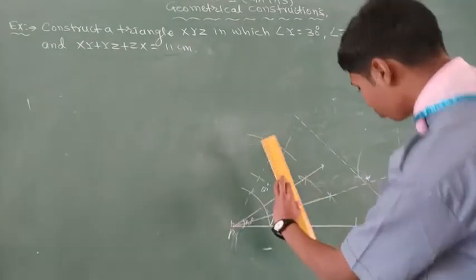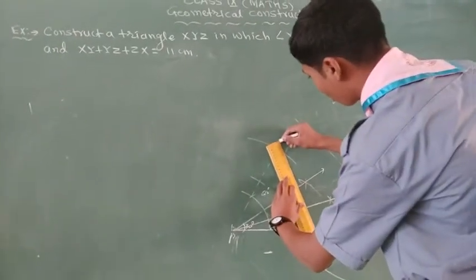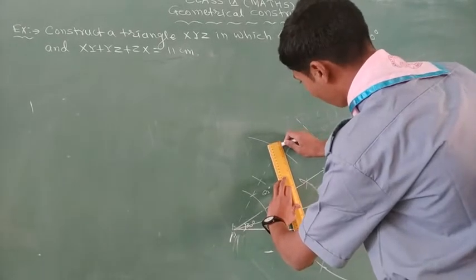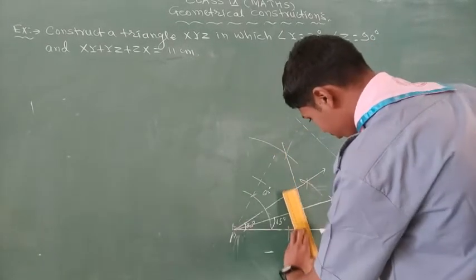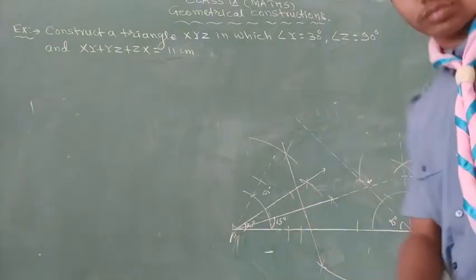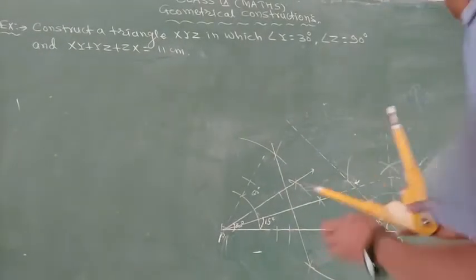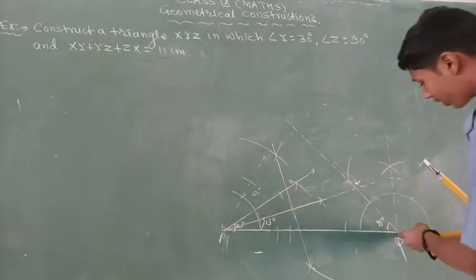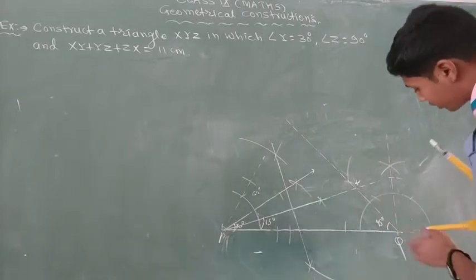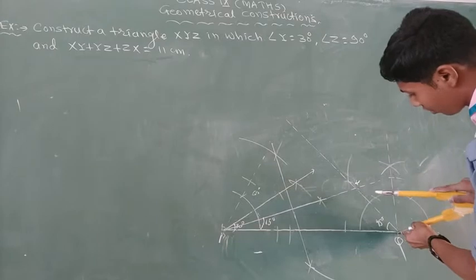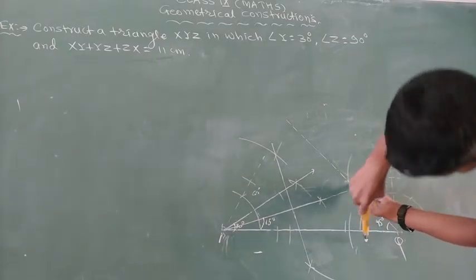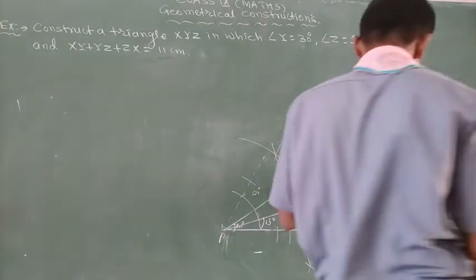Now join these two points. Like this, we also take the perpendicular bisector of this line segment QX, the same here on this side.